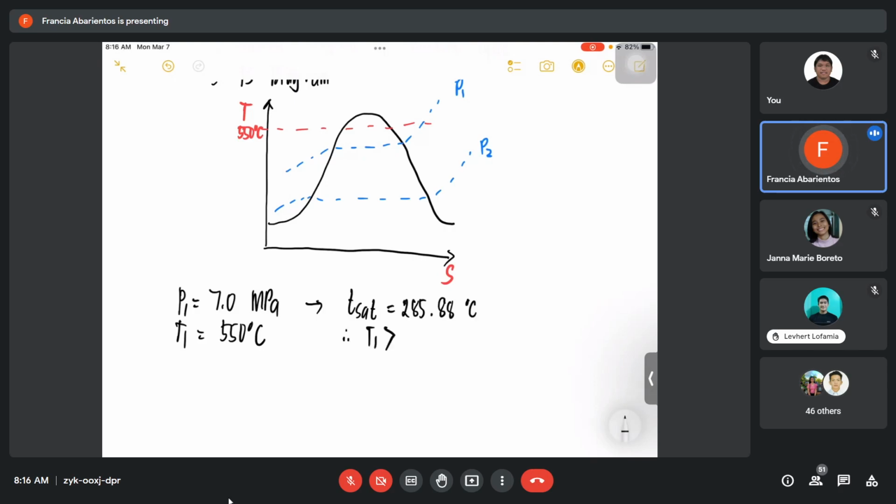Therefore, yung temperature 1 natin is greater than the T saturated. Therefore, fall siya sa superheated vapor.